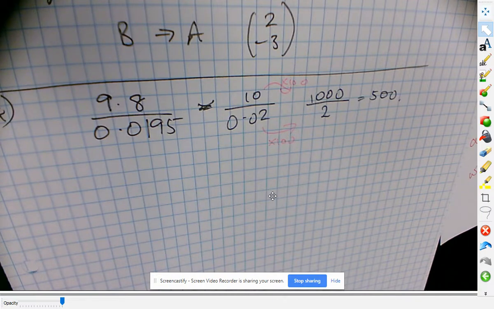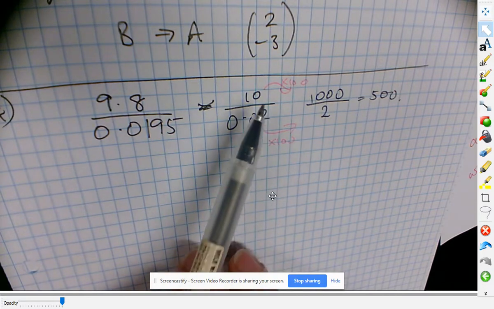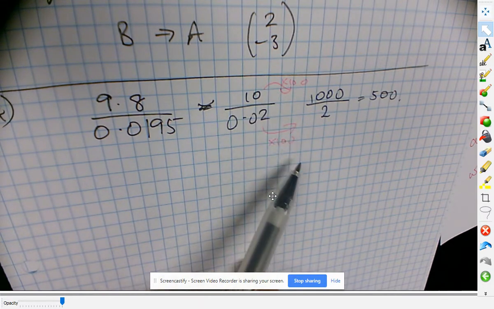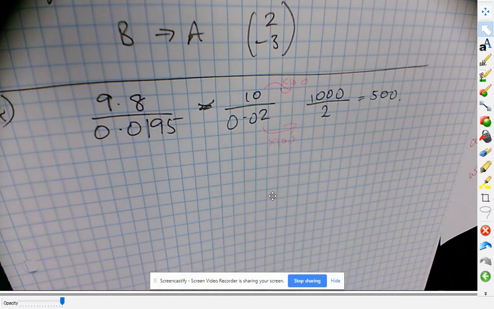Question? Go on. Well, this doesn't, when you times it by 100. No, because I've timesed the numerator and the denominator by 100. Because I times both the numerator and the denominator, it's kept it as an equivalent fraction, which is exactly the same thing. Okay? So I can do this with anything.